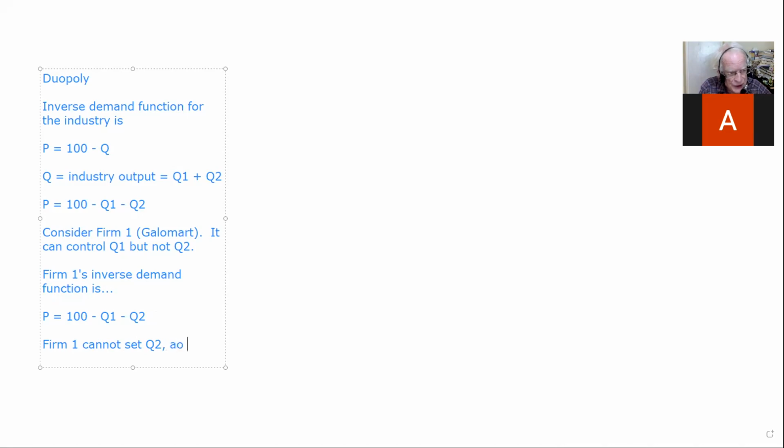So it treats Q2 as a constant. We will denote this by defining Q2 as a constant with an underline.